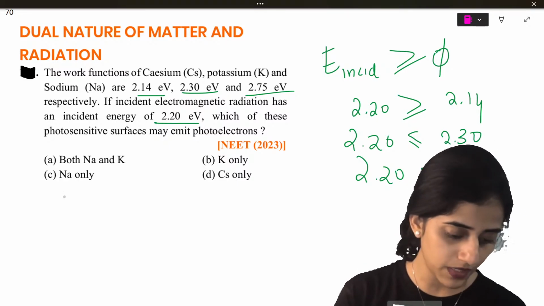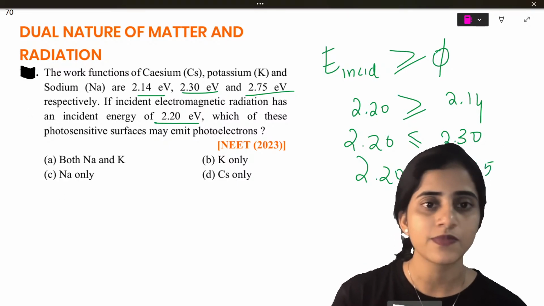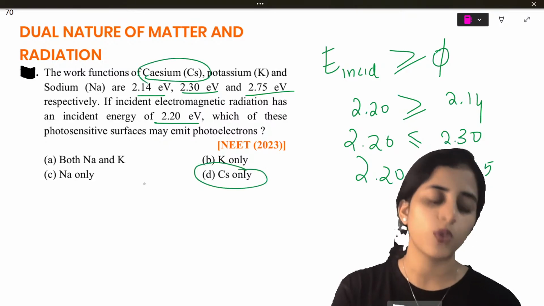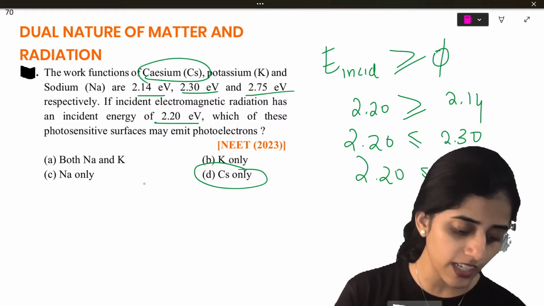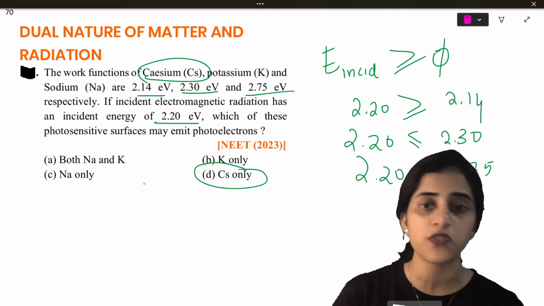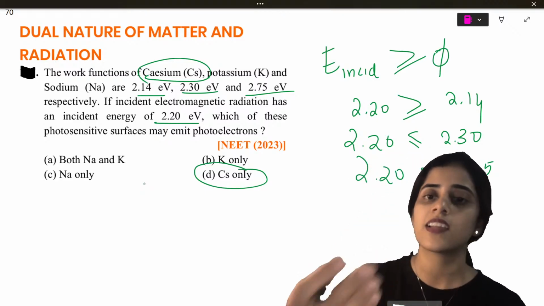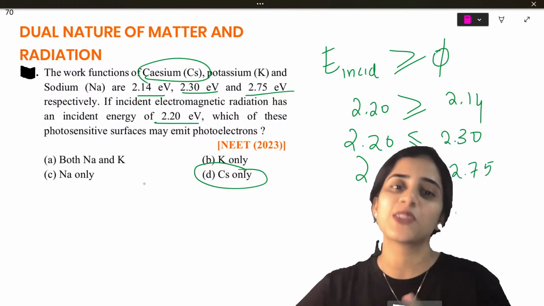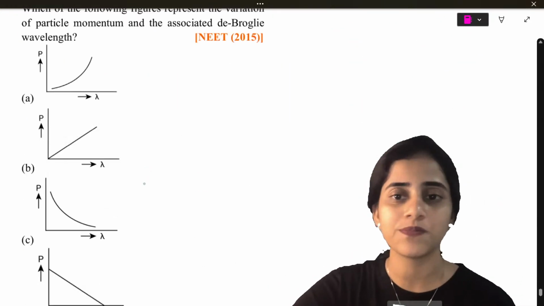Now what will the answer be? Only cesium. So cesium is the only material that will emit photoelectrons when exposed to the incident radiation of 2.20, because for all the others, the threshold is greater than 2.20.